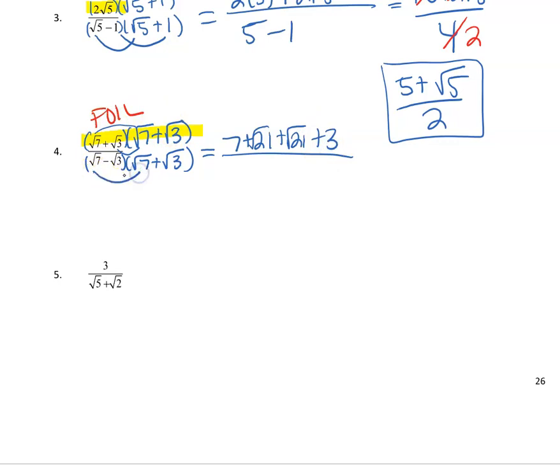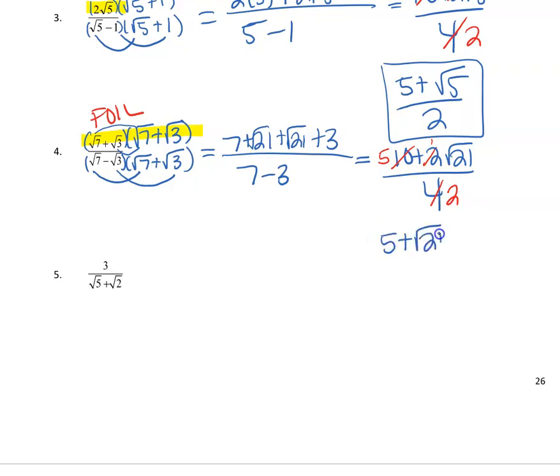In the denominator, these are conjugates, so this is just 7 minus 3 by calculating the first and the last. Now again, just like last time, I'm going to see if I can reduce each of those. Each of them reduces by 2. And so I end up with 5 plus the square root of 21 all over 2. And the square root of 21 didn't break down at all. That's just 7 and 3.